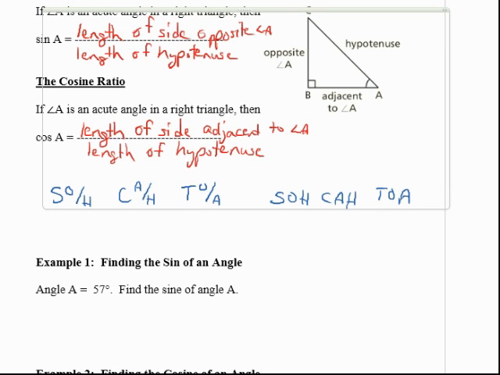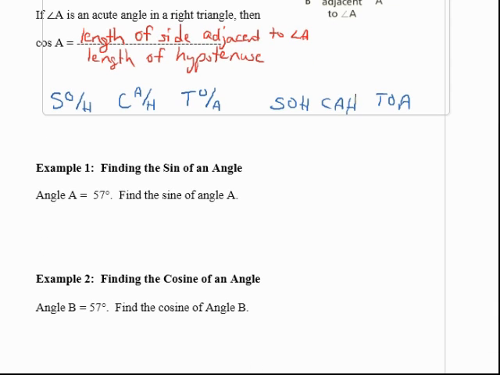And just like with tangent, if we know what the angle is, we can look it up in a table and find the sine, or we can use the sine button or cosine button on our calculator to find it. So we're going to do that now. If angle A equals 57 degrees, find the sine of angle A. So sine A equals sine 57 degrees.